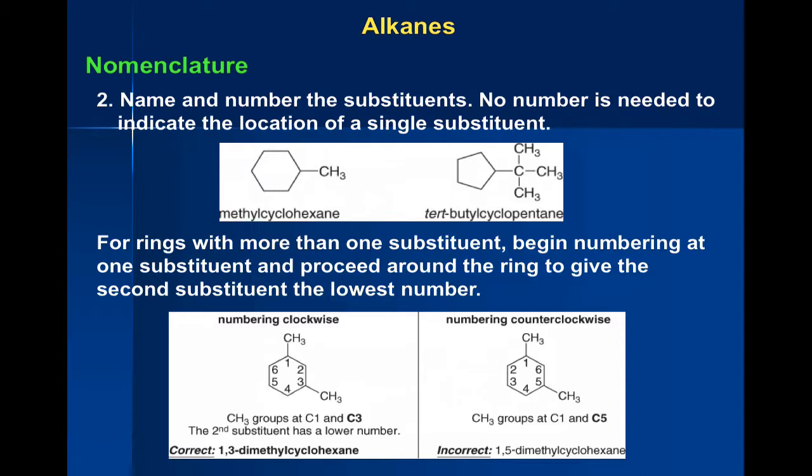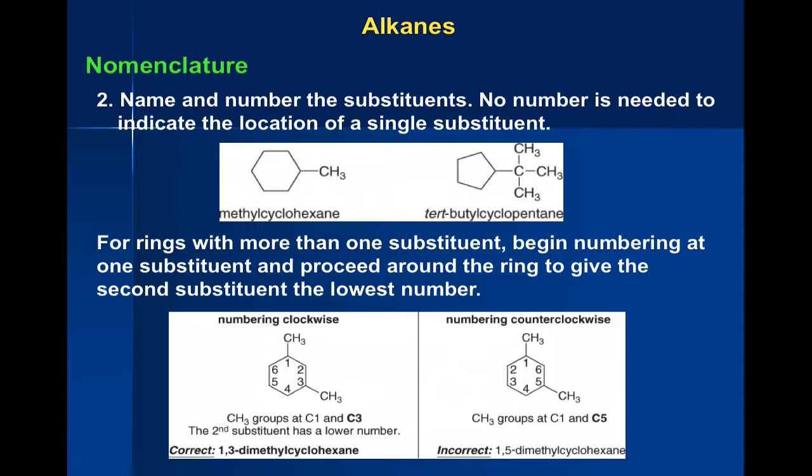The same thing is going to happen here. And so you start at one of the substituents and you number such that you get the lowest possible numbering. And that would be clockwise, starting here with 1, 2, 3. Going counterclockwise, you would have a 1, 5. Lower numbers are 1, 3. 1, 5 is too high. So that would be the incorrect numbering system. The one on the left is correct.